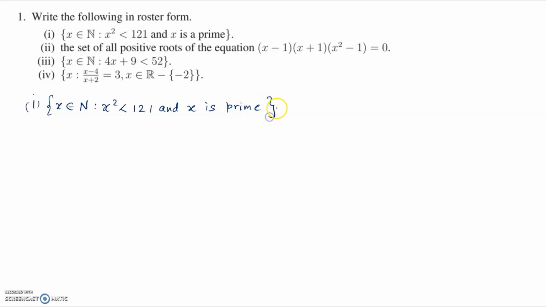So we have two conditions here. One, that x squared is less than 121, and the second condition is x is a prime number.